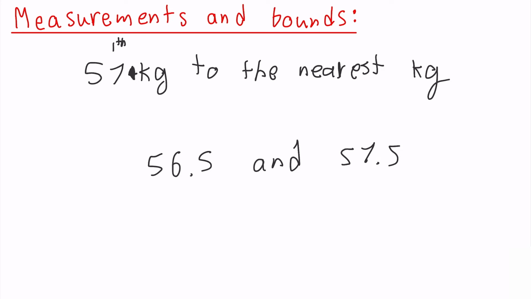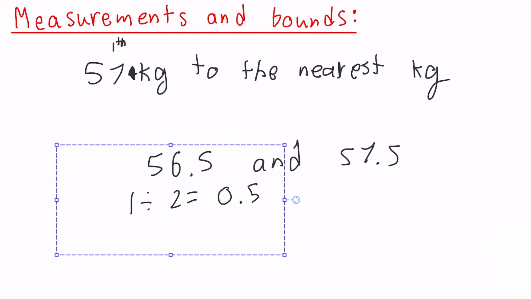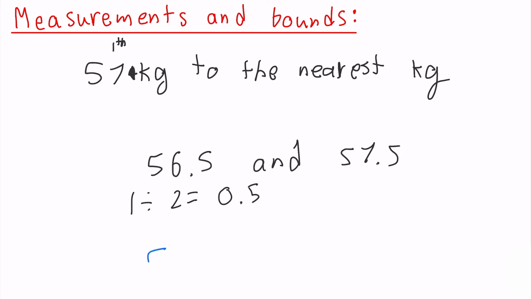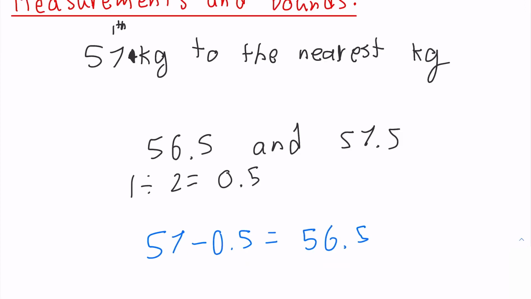So 1 divided by 2 equals 0.5. So 57 minus 0.5 equals 56.5, and 57 plus 0.5 equals 57.5. Okay, let me give you the last example and then we jump into exercises.